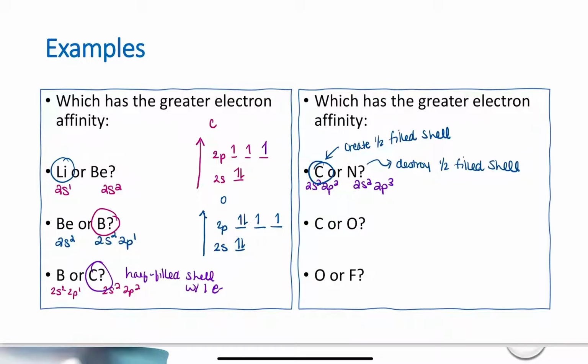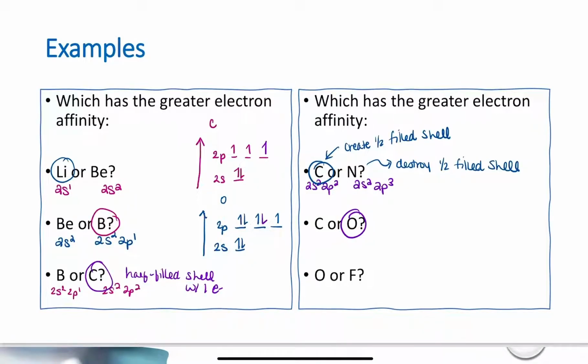So basically, do I add an electron here or here? In this case, oxygen actually wants that electron more. It's not filling that shell completely, but oxygen really wants electrons. It's the second most electronegative element there is.